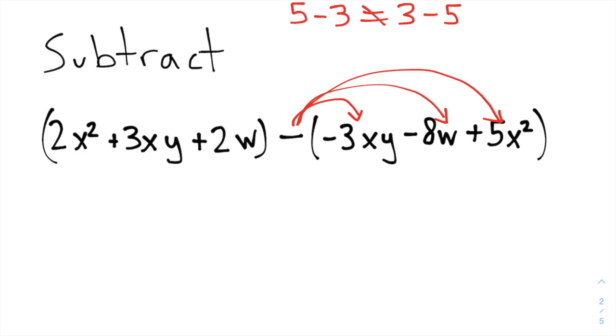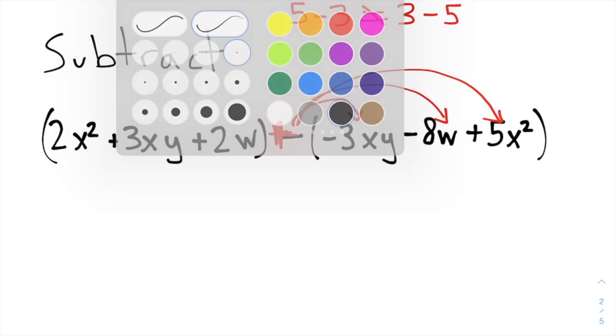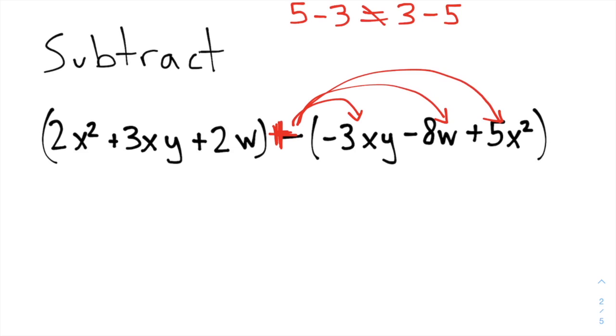And when I do that, I think about putting in a plus right here, and that negative will have been distributed to the term. So I'm just going to rewrite this whole thing. So I have 2x squared, 3xy, plus 2w.